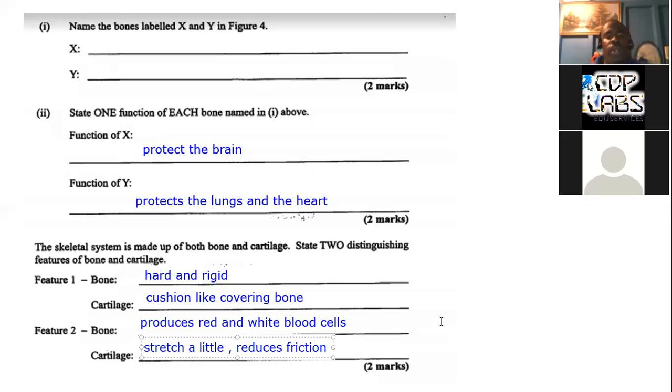Alright? Good. And ladies, pay attention. I want you to note this carefully. Hold on, let me draw my little line. Note that this was the objective: distinguish features of the bone and cartilage. So I gave you this possible question to prove my point and to let you know that the system in which we are working with is the right system.